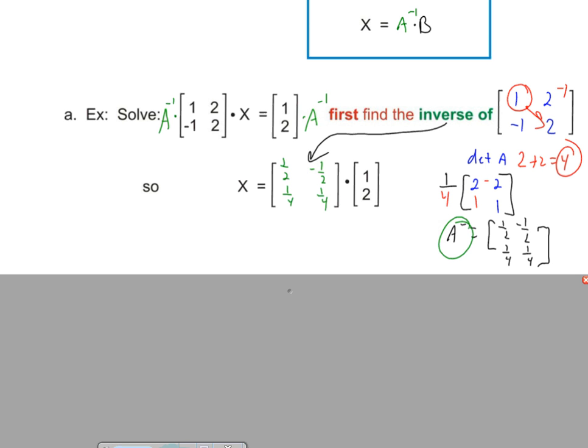So a minute ago we just did scalar multiplication. Now we're going to do matrix multiplication, right? Across and down. And we got a 2 by 2 times a 2 by 1.